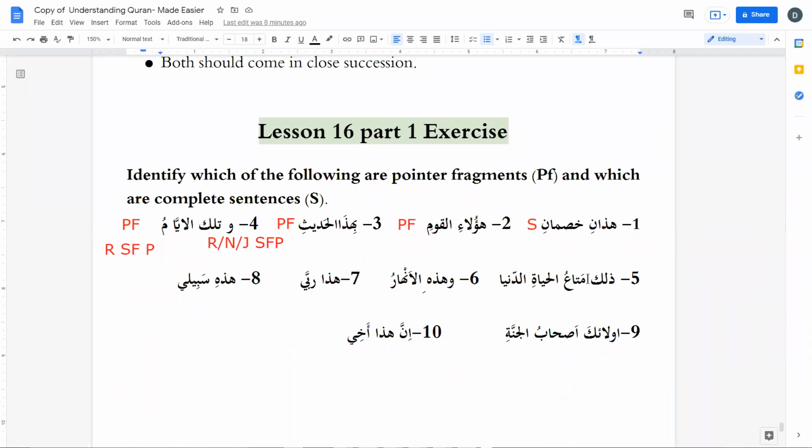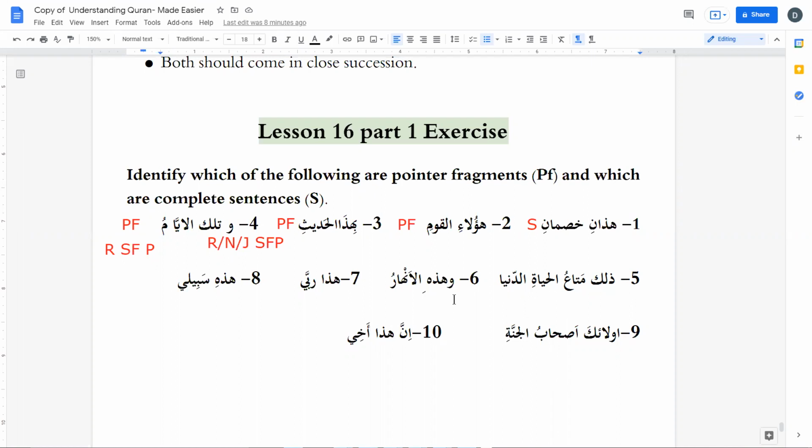And even if there is an ism with "al" in the sentence, the ism ishara and the ism with "al" are not coming close to each other. There is one word in between. So this is not a pointer fragment, and it's a complete sentence.